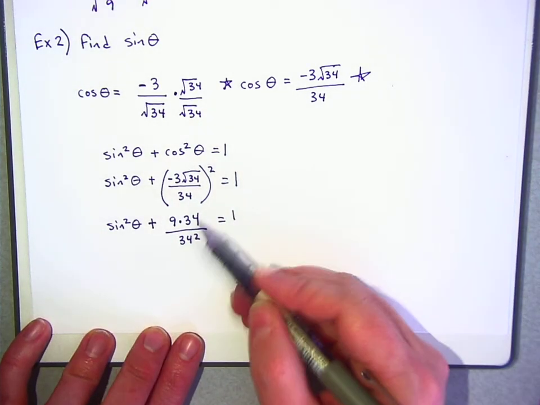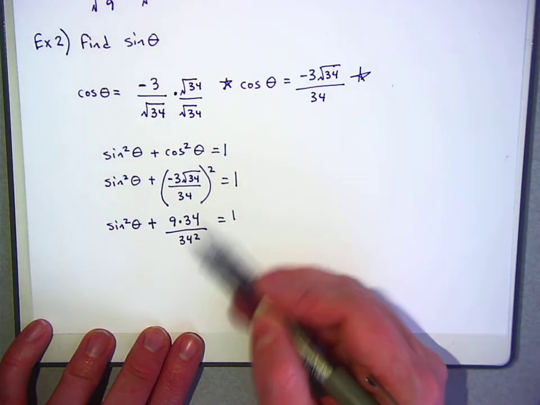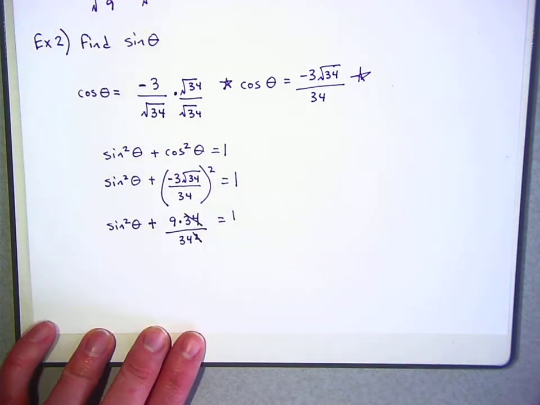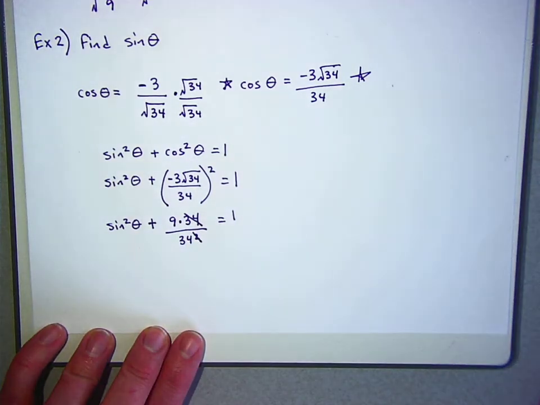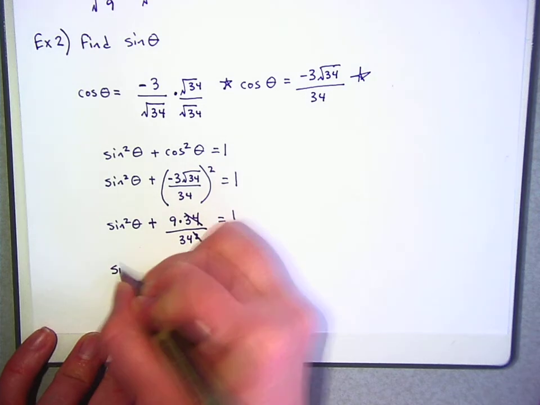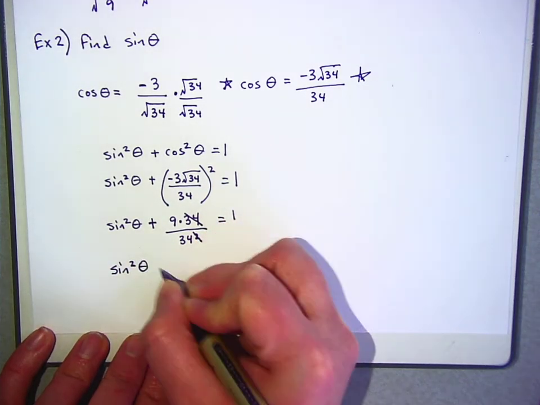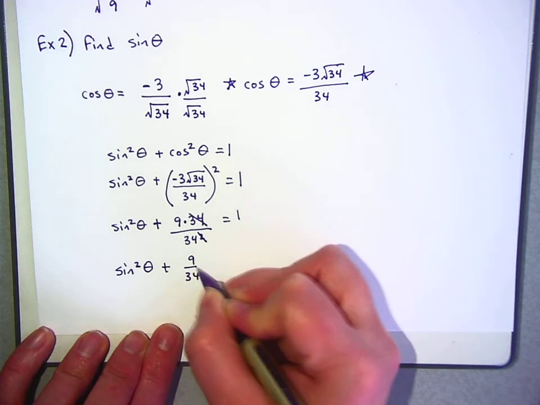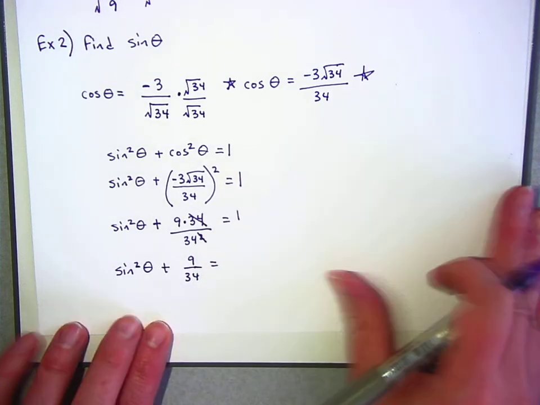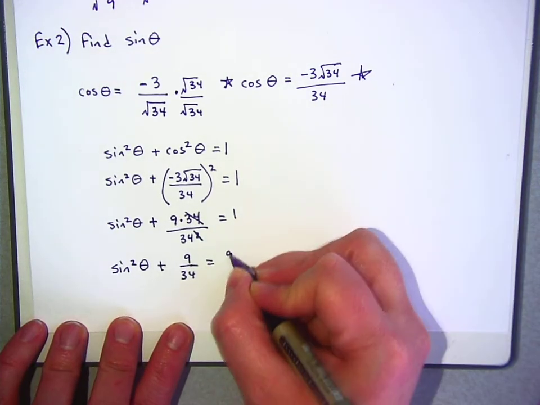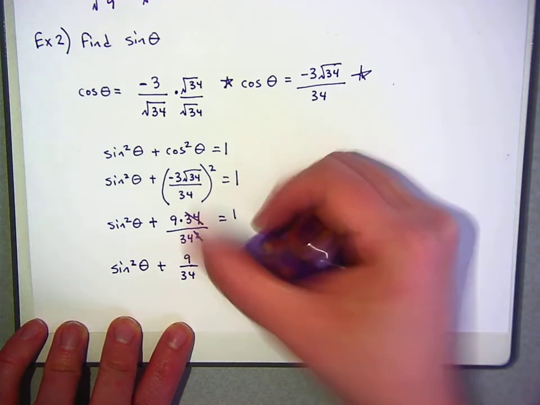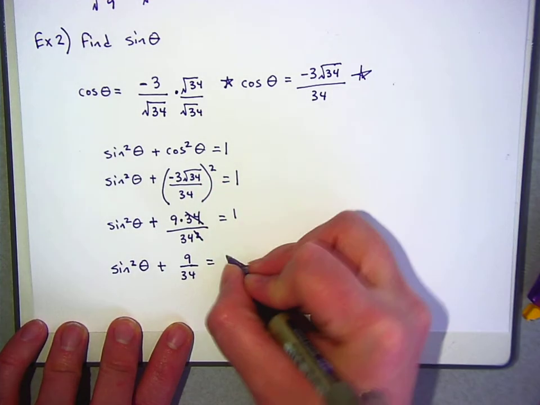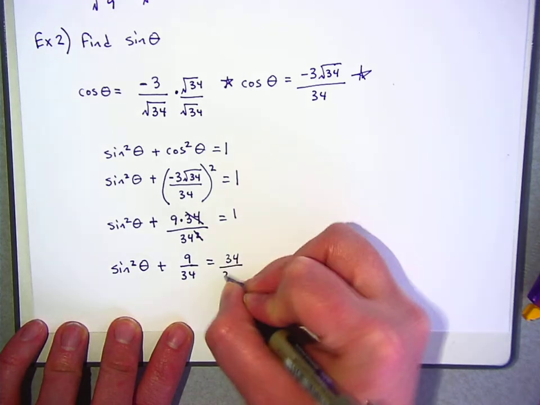Do you see how I could take a 34 out of the top and the bottom pretty easily? So I'm going to take a 34 out of here, and take that square out down there. And now I've got sine squared theta plus 9 over 34 equals 1, which is 34 over 34. Can you guys see what we're going to do next?